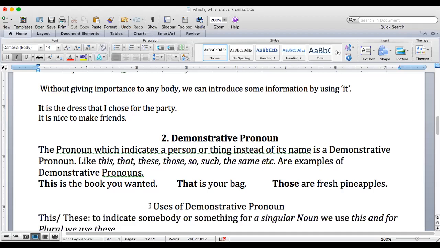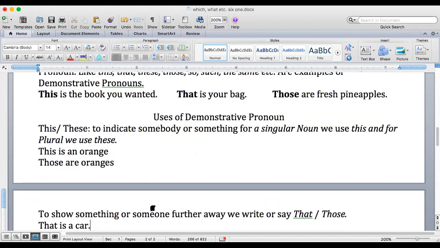Okay, the use of demonstrative pronoun now. We have said this, that, those, this and these. Difference between this and these. This is to indicate somebody or something. For a singular noun, we use this. And for a plural noun, we use these.